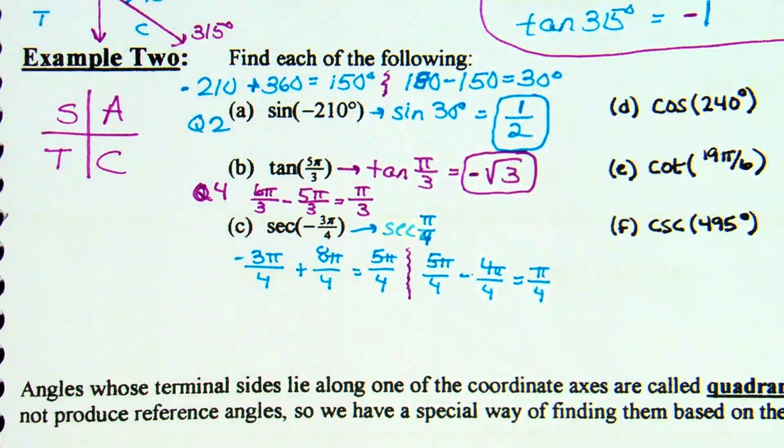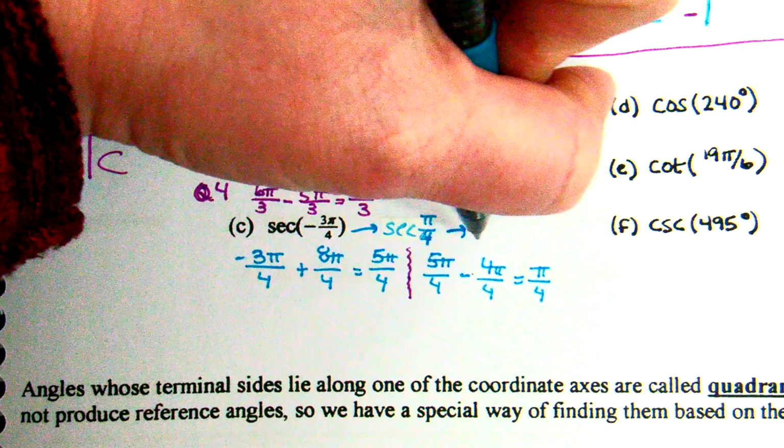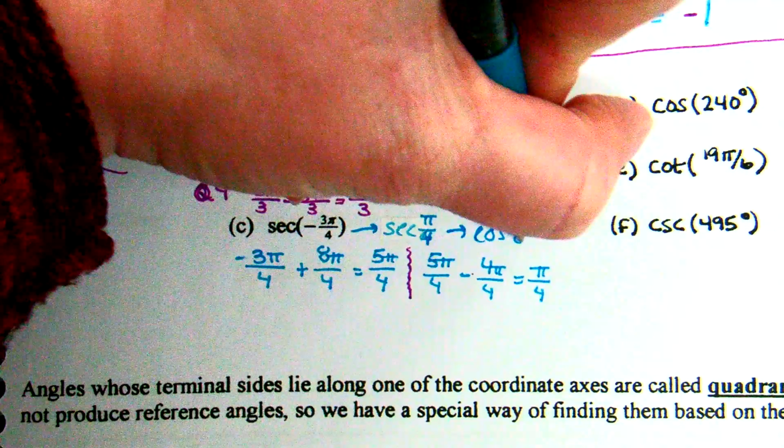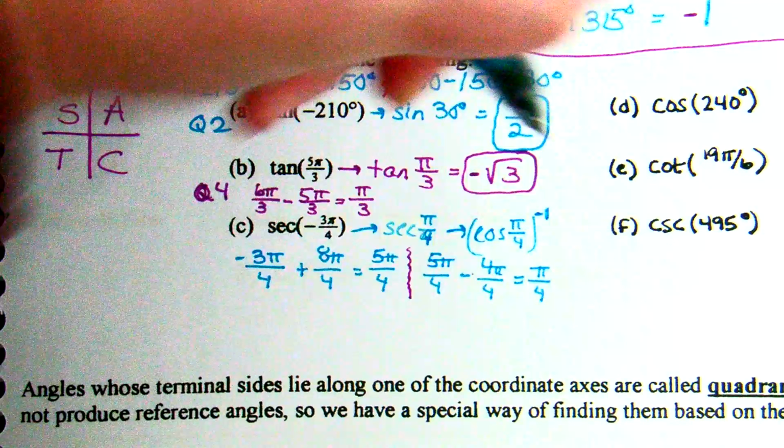Oftentimes, I don't have that full big chart in front of me, though. Or that's not the part I have memorized. I just have the first half of that chart memorized. So what also do you know about secant? It's the reciprocal of cosine. So you can also, if it helps, think the reciprocal of cosine of pi over 4.